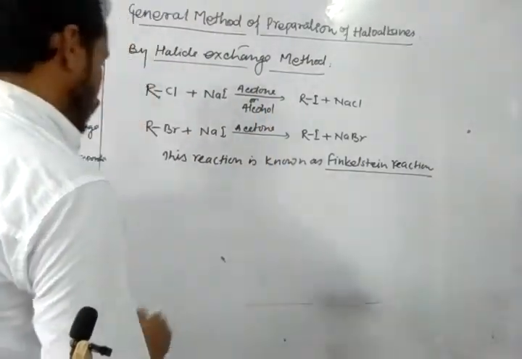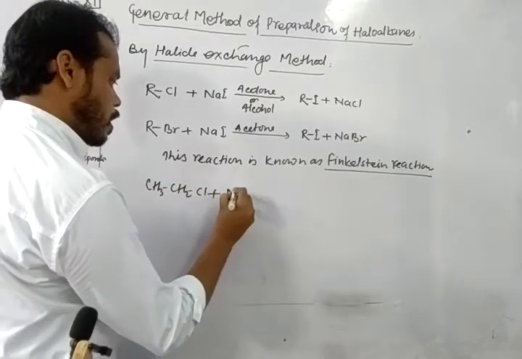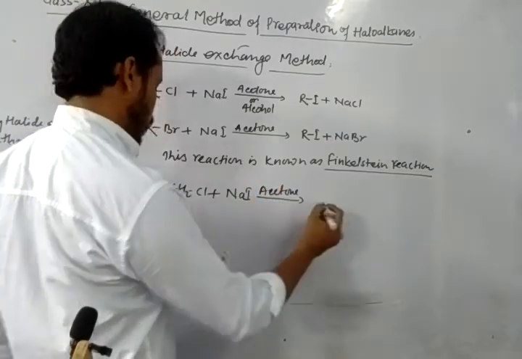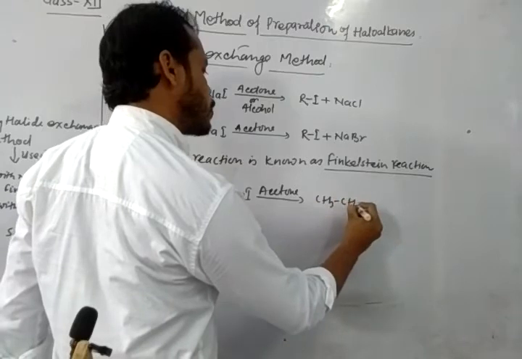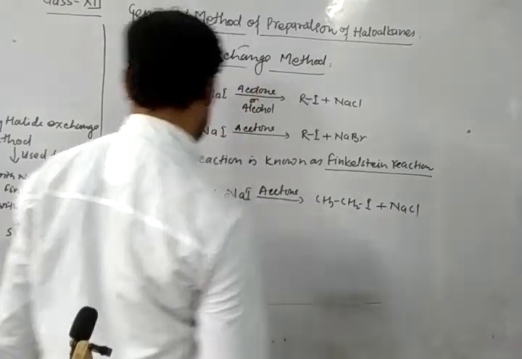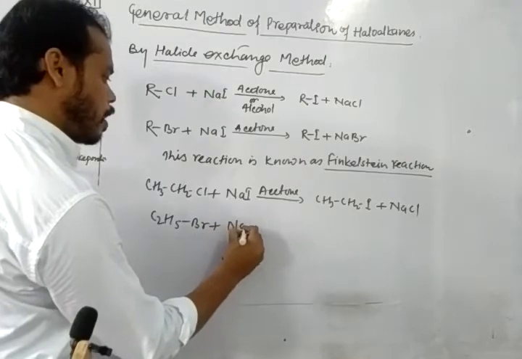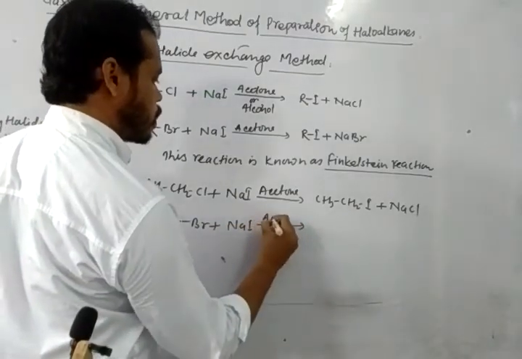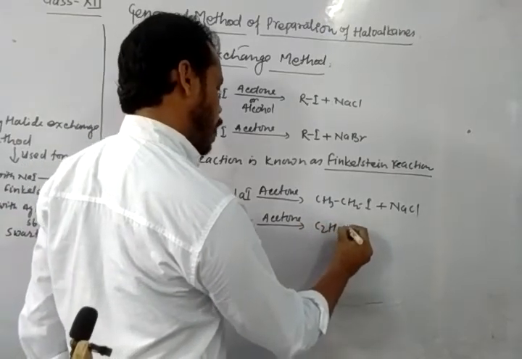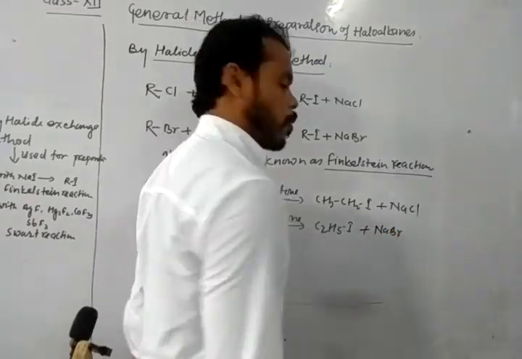Let us see the example. CH3CH2Cl plus NaI, sodium iodide, in the presence of acetone forms CH3CH2I, iodoethane, and as a byproduct NaCl. Next, C2H5Br plus NaI in the presence of acetone forms the same product C2H5I, iodoethane, and NaBr as a byproduct.